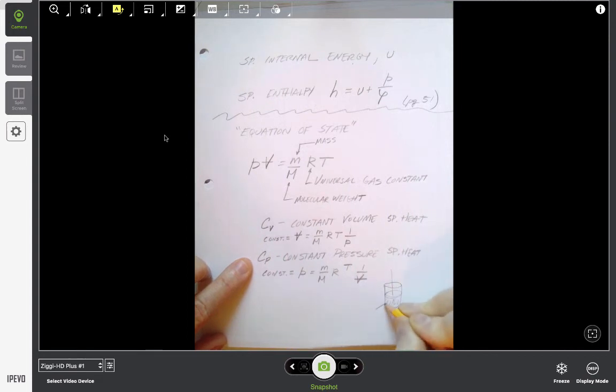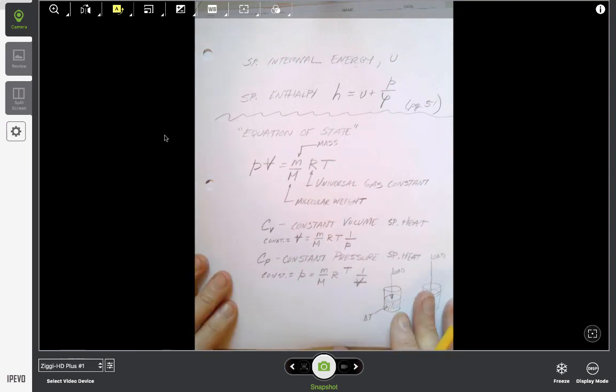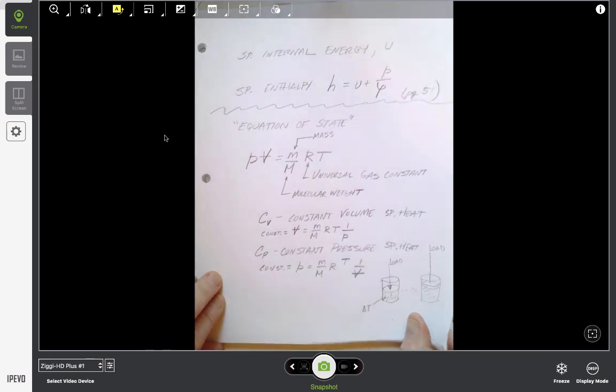We add heat and its new state, the volume would have had to increase. I need to put the same load on here to maintain a constant pressure, so it's pushing against the same load. In the case of a constant volume, if we increase the temperature, the pressure has to increase. So that's an interesting use of the concepts related in the equation of state via the ideal gas law.